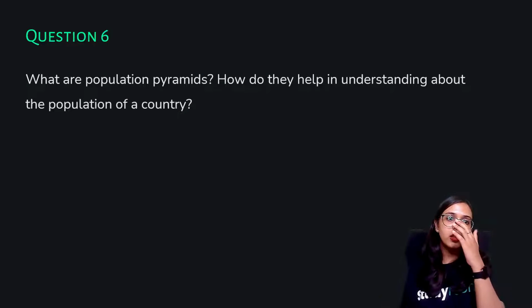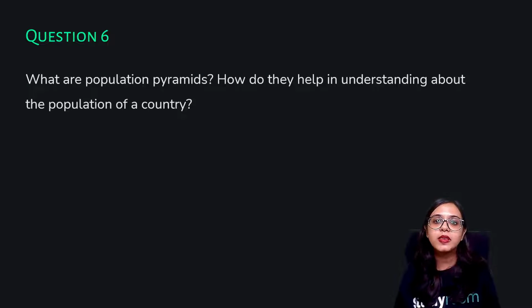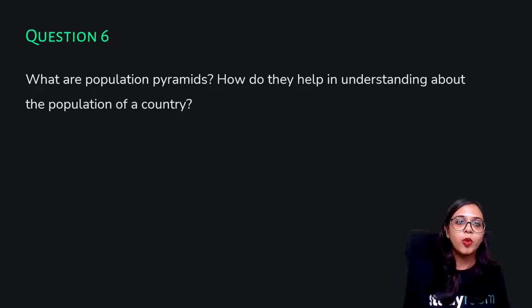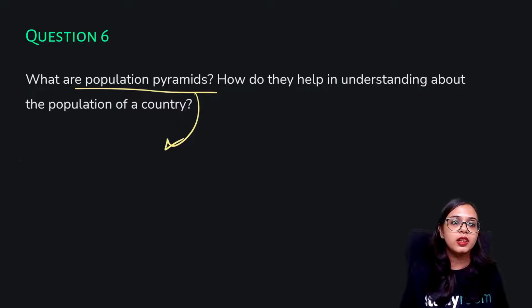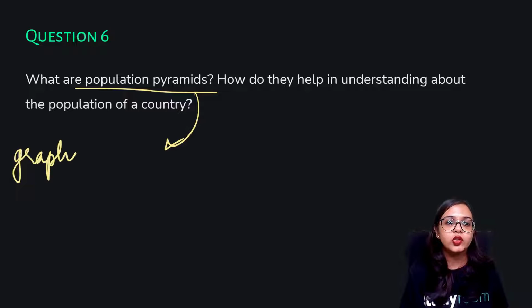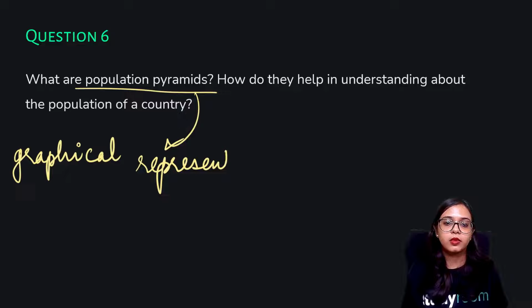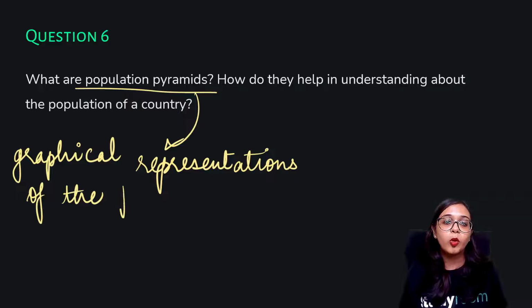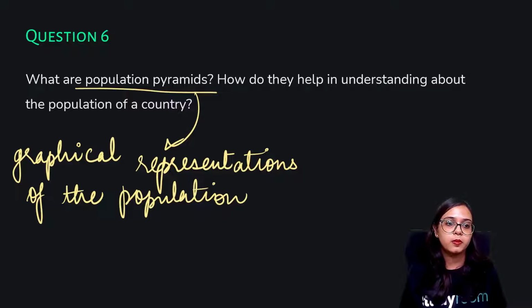Then finally, we have what are population pyramids and how do they help in understanding the population of a country. So population pyramids are basically graphical representations of the population composition of a particular area.